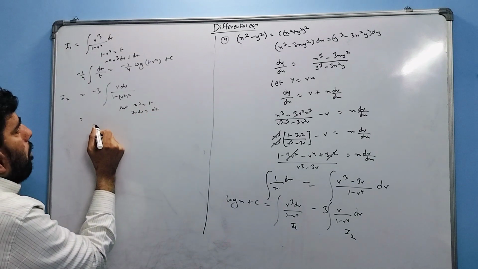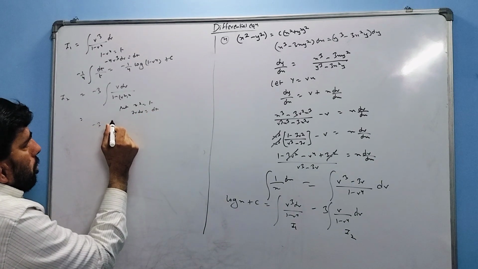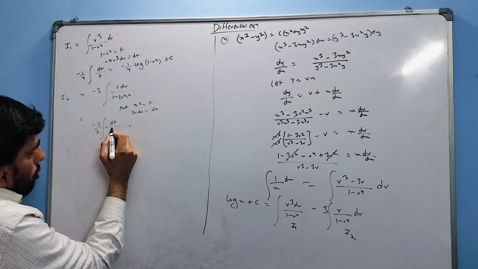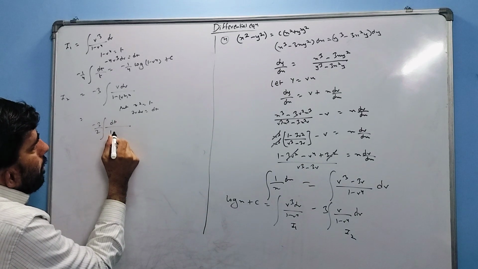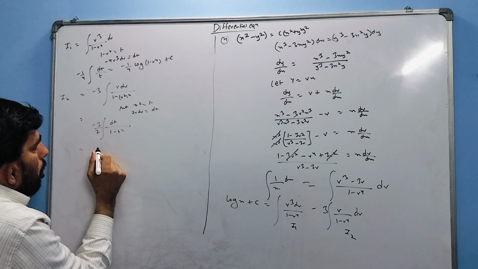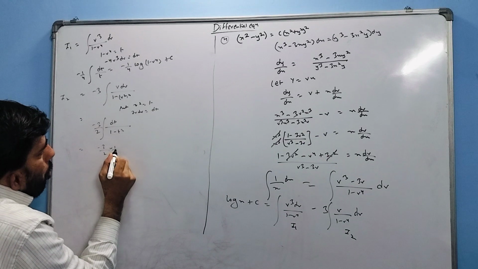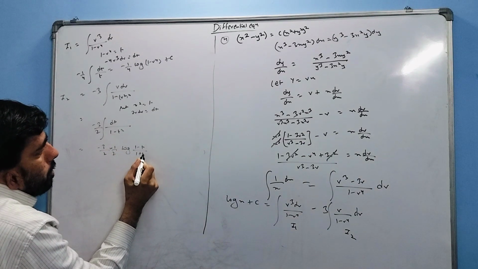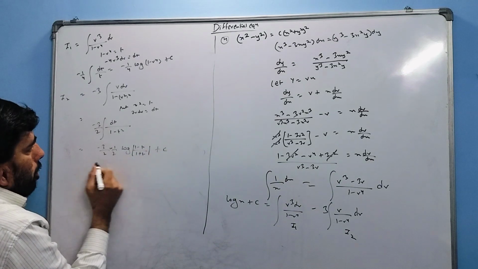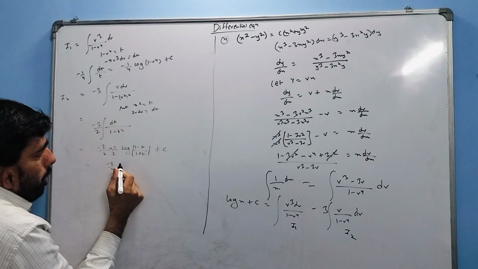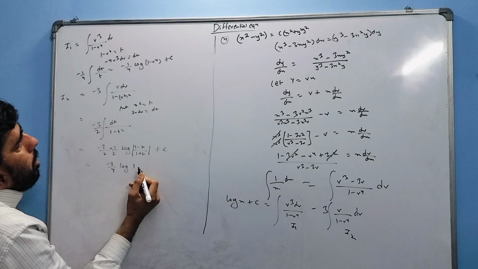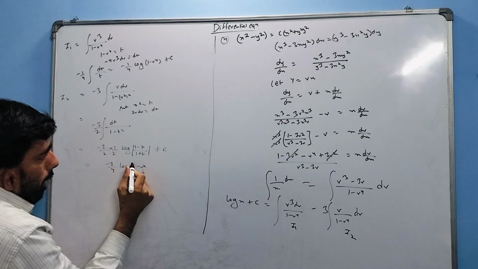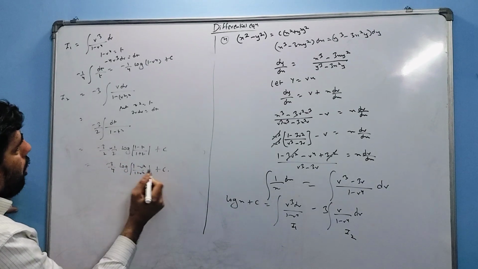So I have minus 3 dt upon 2 here, and 1 minus t square. We all know the formula here, 1 upon 2 log of 1 minus t upon 1 plus t plus c. We can take minus 3 upon 4 here, log of, what is t? We have taken v square, so 1 minus v square upon 1 plus v square plus c. Okay, so this we have.